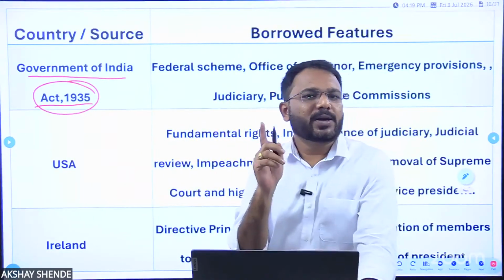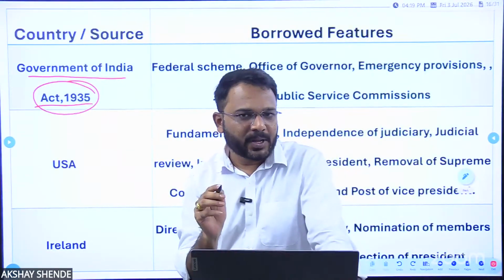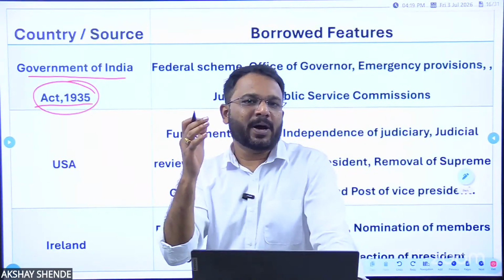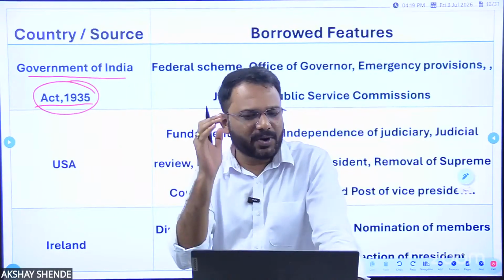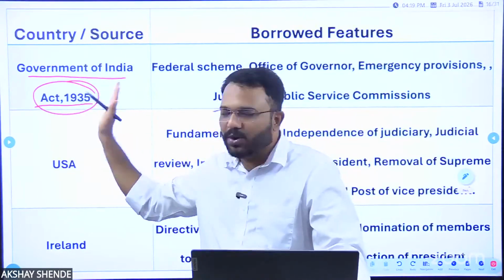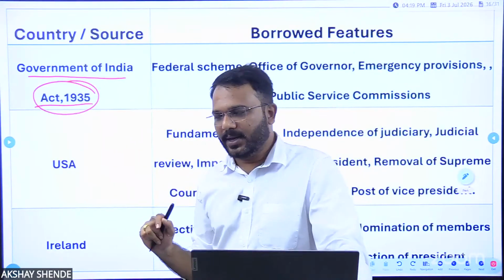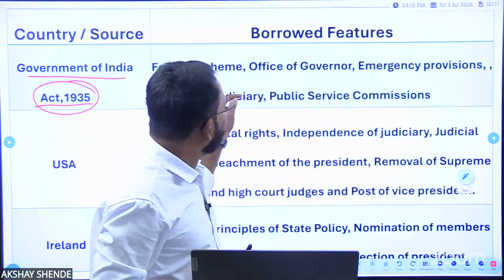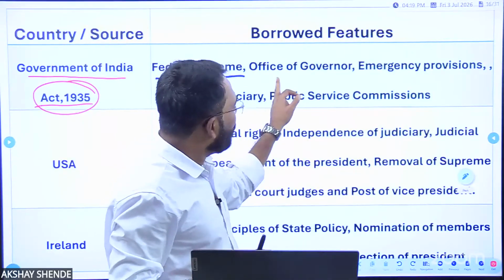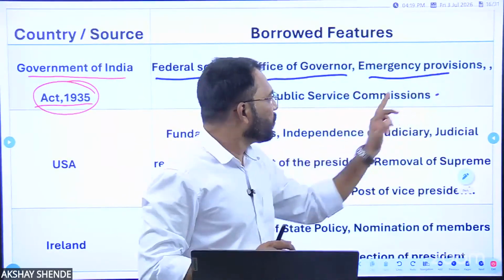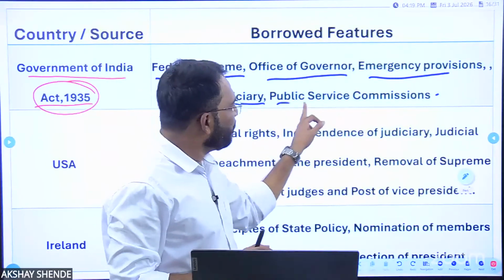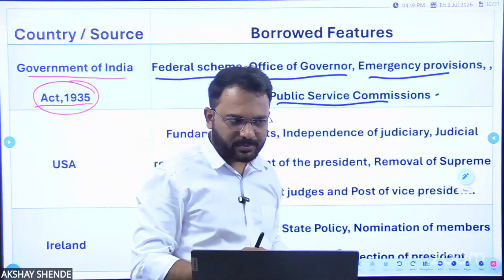I have told you that we were under British rule, and there were some laws by which this territory was governed by the British. This is one of those acts. And what we have taken from this act: federal scheme, office of governor, emergency provisions, judiciary, public service commission.